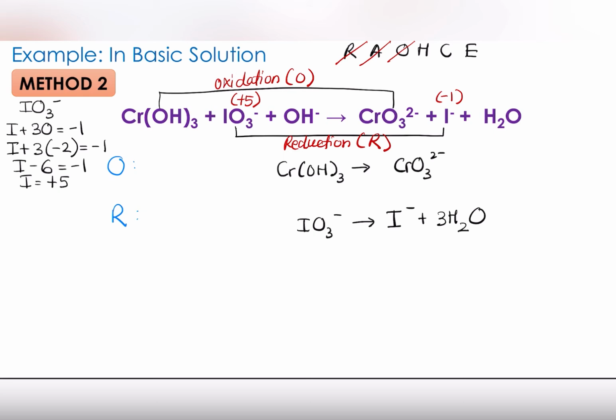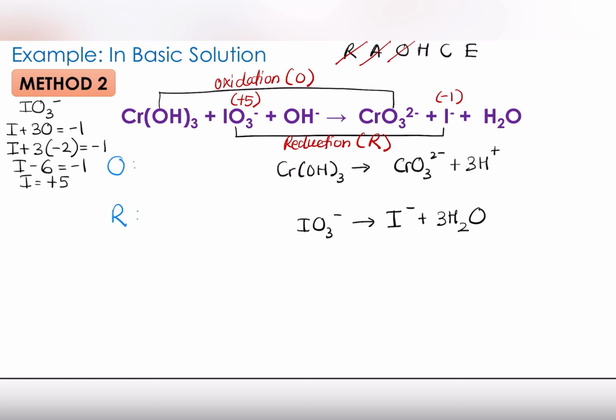Now we want to balance the hydrogen. So I have Cr(OH)3 di mana 3 hydrogen here. So I will add 3 H plus at my right side for oxidation.